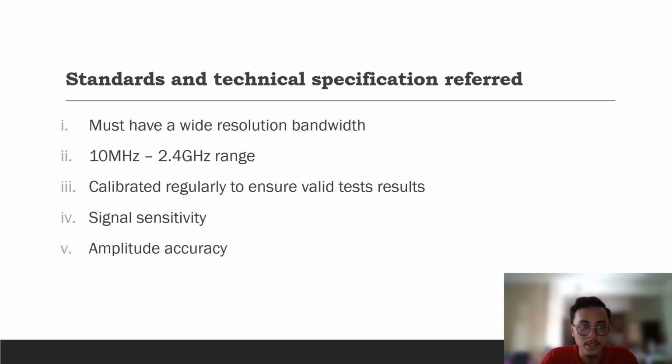The third is that the spectrum analyzer must be calibrated regularly to ensure valid test results. The fourth is signal sensitivity, and the fifth is amplitude accuracy. This is to detect the signal more precisely because signals can be of many types.